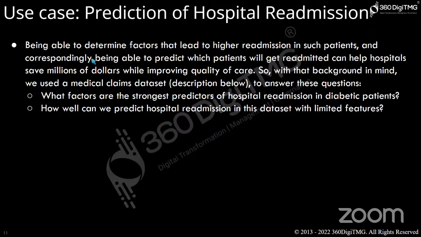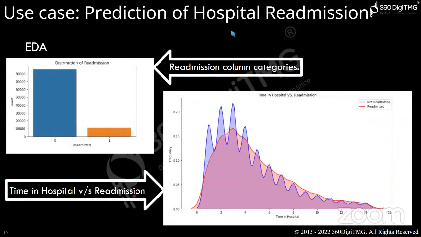Being able to determine the factors that lead to higher readmission in patients suffering from diabetes, and correspondingly being able to predict which patients will get readmitted, will help us save millions of dollars while also improving the quality of care. So with that in mind, we are building this on a Mediclaim data set. So I'll show you. Now we are looking at the EDA parts of this.